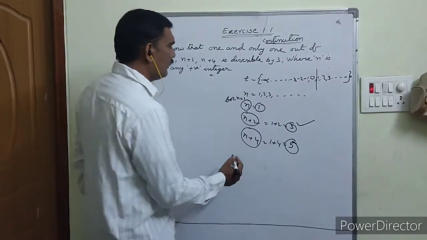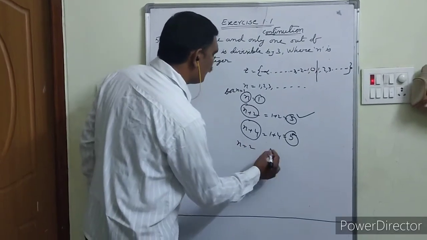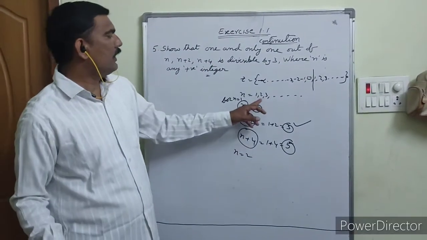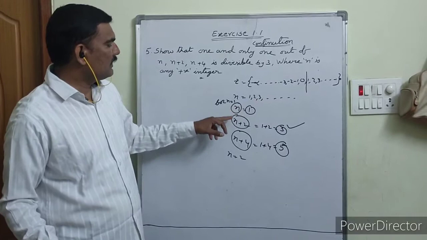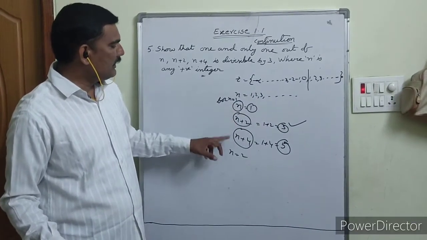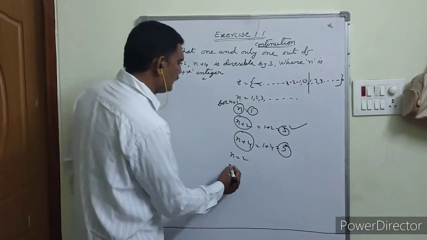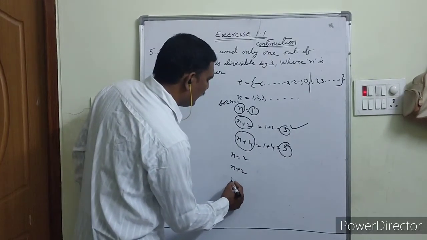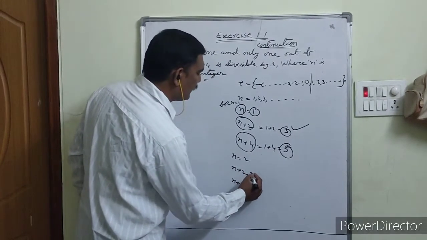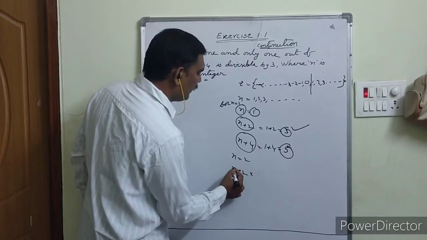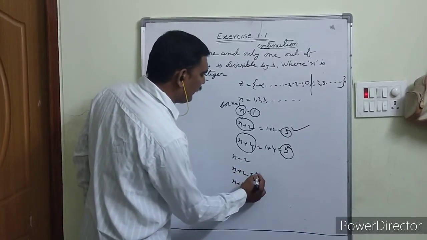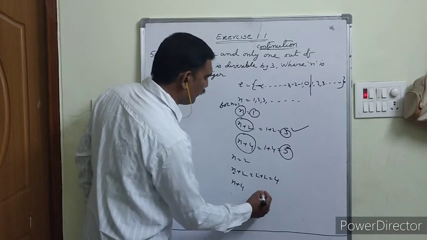So let us take n equal to 2. For n equal to 2, we will see that among these three, only one should be divisible by 3. That is n, n plus 2, n plus 4. So n means 2. In n plus 2, in place of n you write 2, 2 plus 2, that is 4.